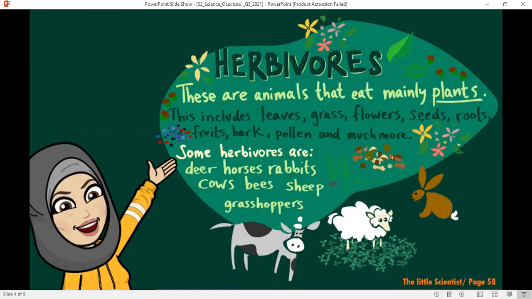Plants include leaves, grass, flowers. Some animals eat the nectar of the flower. Some others eat fruits. So all food from a plant origin, when consumed by animals, the animals are considered herbivores.